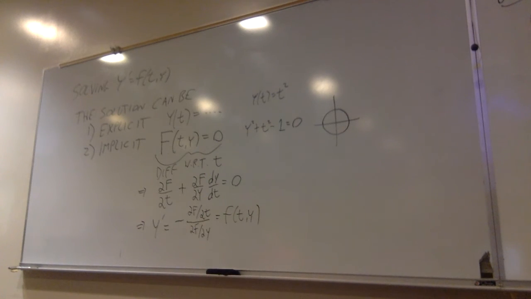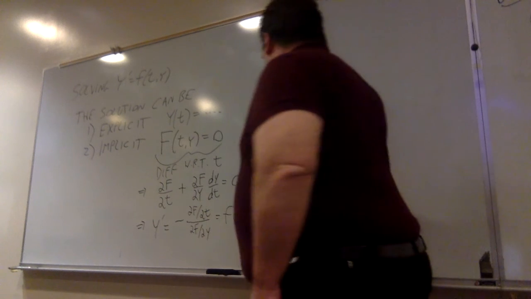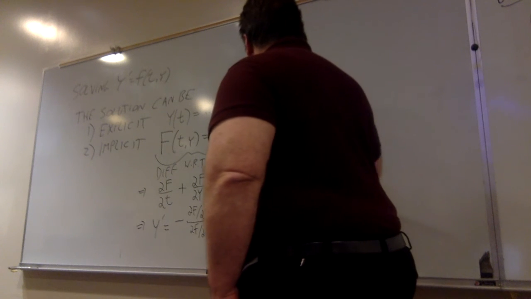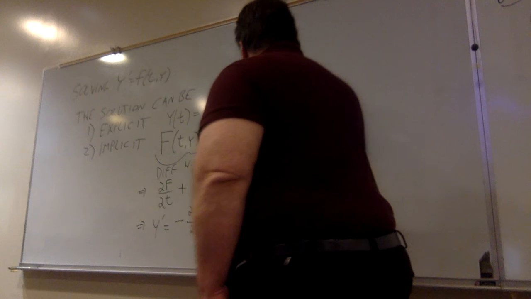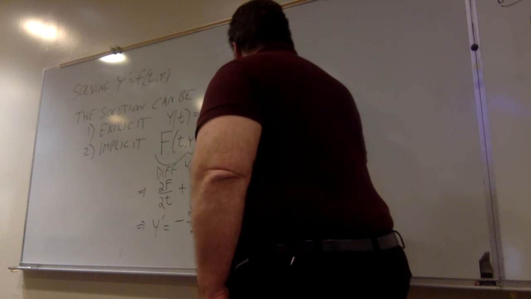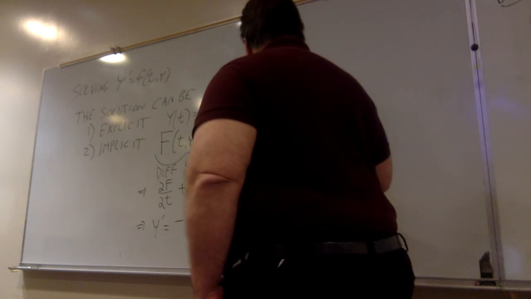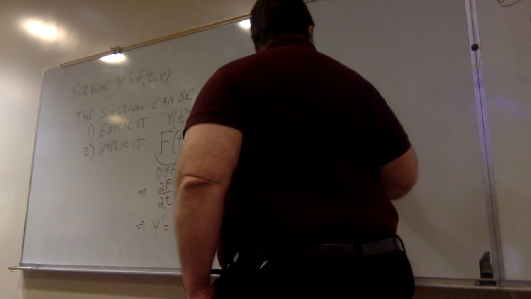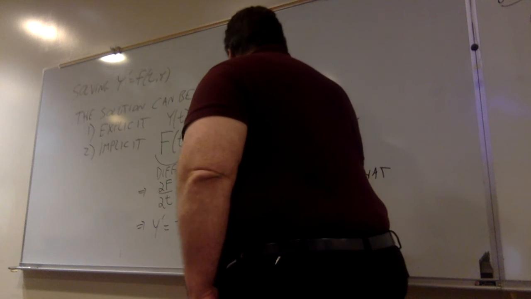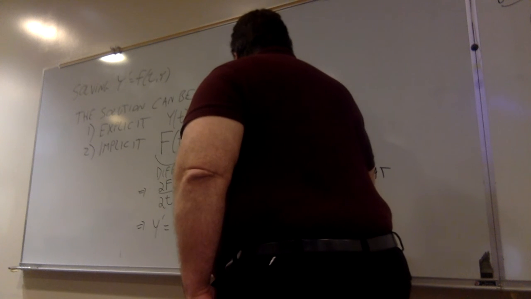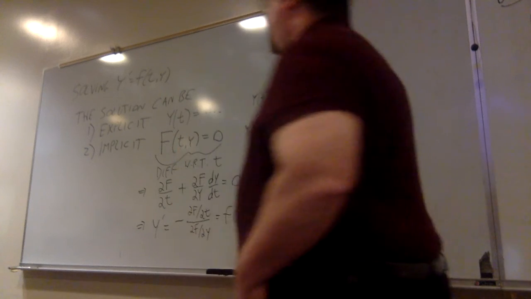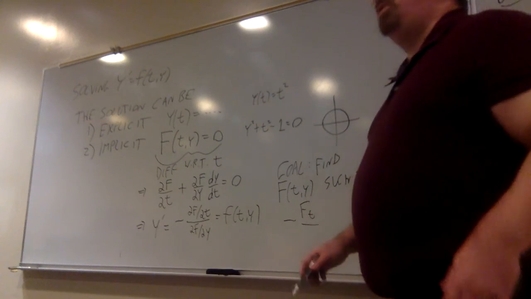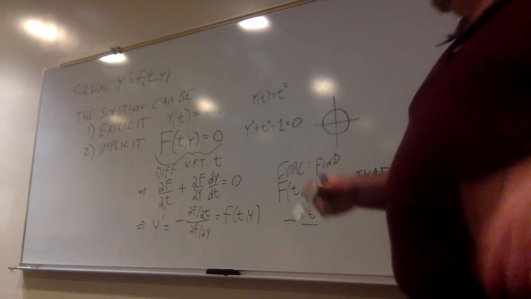So you can say that the goal is to find capital F as a function of 2 variables, t and y, such that minus df dt, I'll use this notation of partial derivatives. The subscript indicates which variable you're differentiating with respect to.